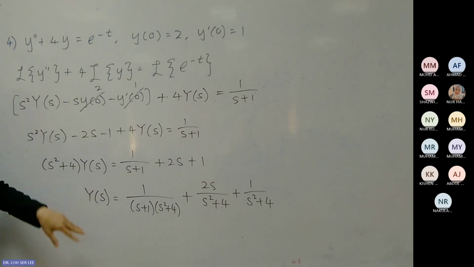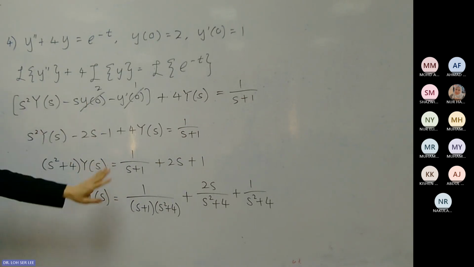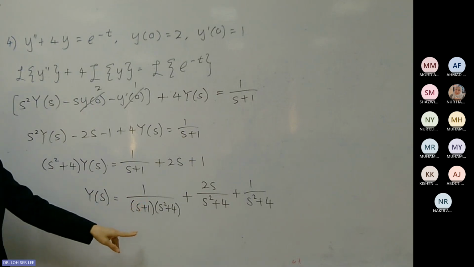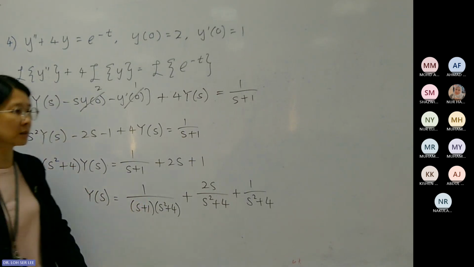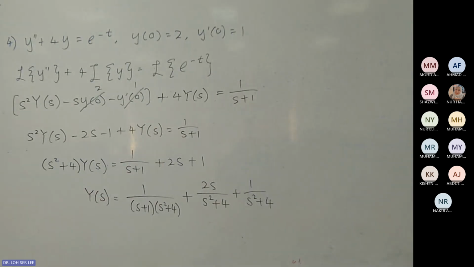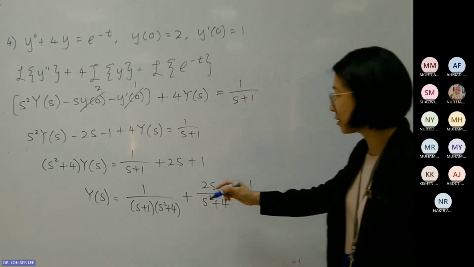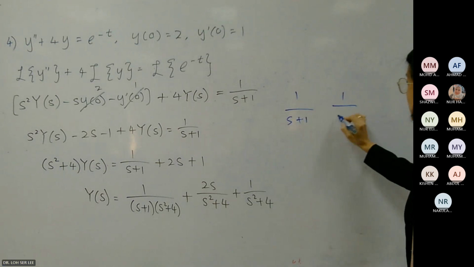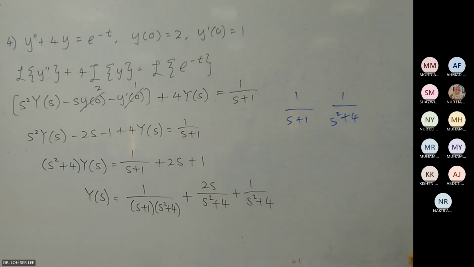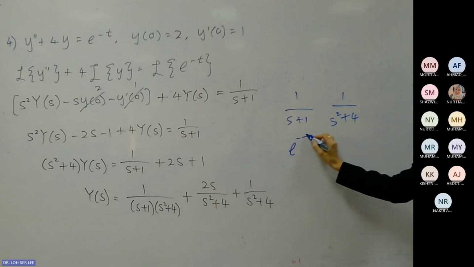Because this question doesn't mention that you must use convolution theorem, you are free to choose, either convolution theorem or partial fraction. If you use convolution theorem, you will separate this into this one, and from the inverse Laplace you get something like this.